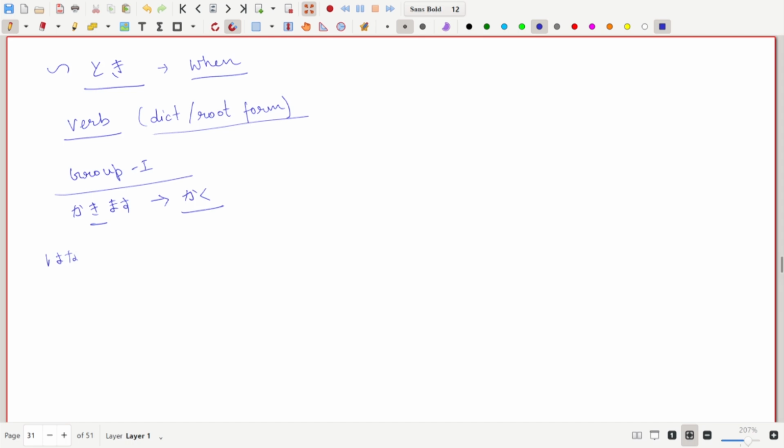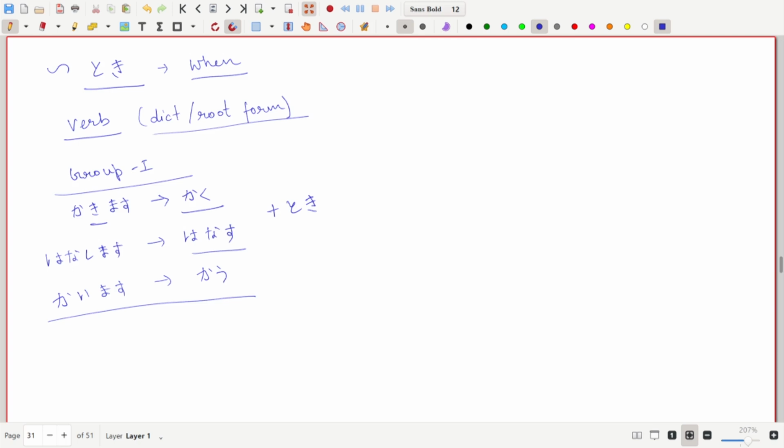Hanashimasu, to speak or to talk, it will be hanasu. Or kaimasu, it will be kau. So this is how we change the verb into dictionary form, and then we'll add it with toki.